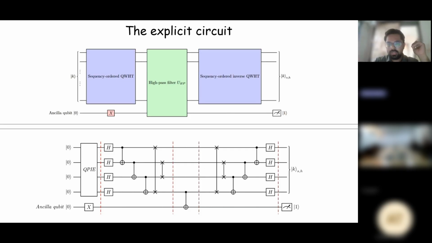So this C naught gate in this case will perform my high pass filtering. Then I have to again go to the real domain to obtain my edges. It's always possible to keep it in Walsh domain, but it's preferable to take it in the real domain. So I take the inverse of UZ, which is again a bunch of swap gates and a bunch of C naught gates.